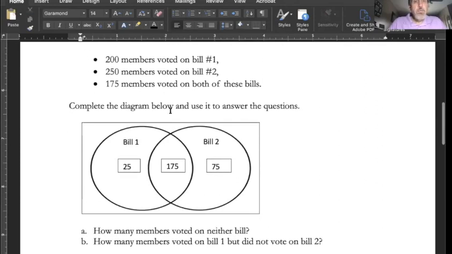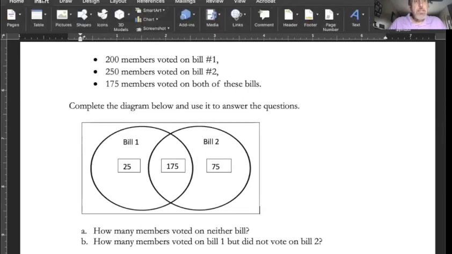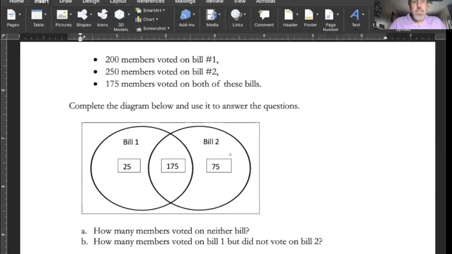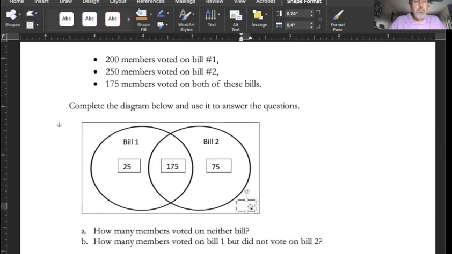They're still part of the universe, but they're not in any of these regions. So they must be outside of these regions, but still in the universe. That means they must be down here. We're going to write those people in right there. And how many people are there? Well, the difference would be 160.